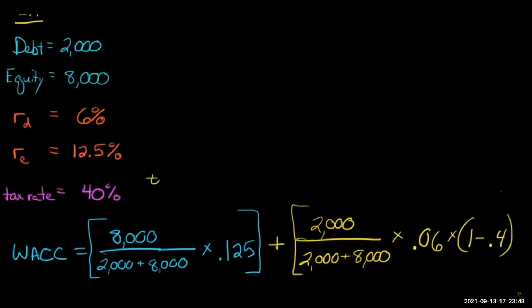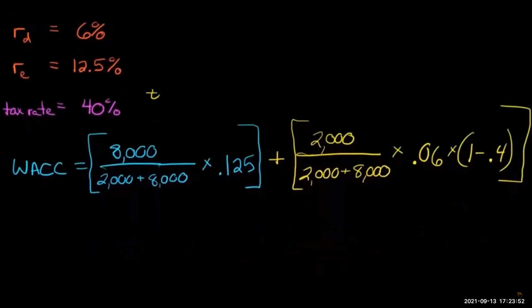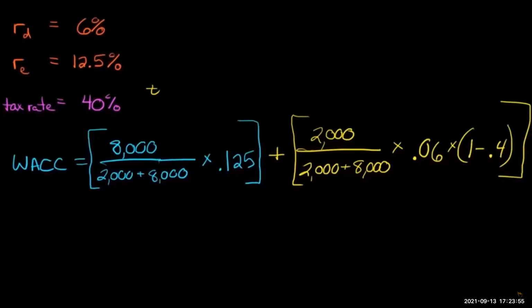So now we've got this big long equation, but let me just save you the math here. If we take this whole piece right here, it comes out to 0.0072. And this first piece is actually 0.1.